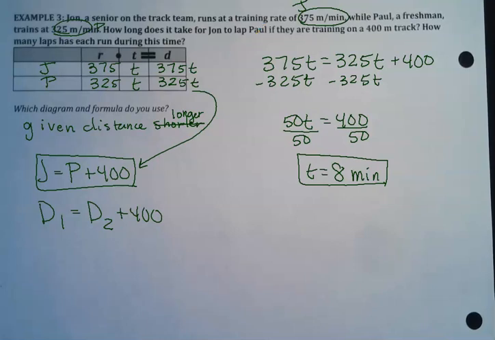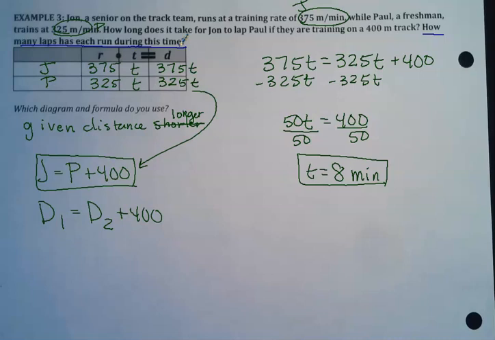So we have one more question there. How many laps has each run during this time? How can you solve that? What would you divide it by? Not quite.